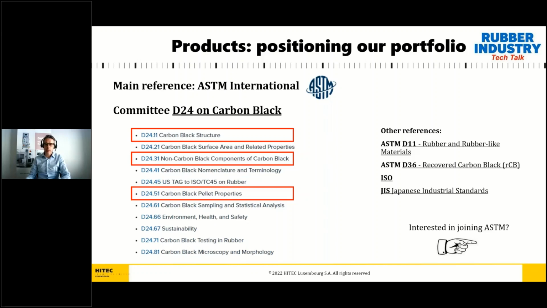Recovered carbon black, or RCB, is a product recovered via thermal decomposition from rubber goods which contain carbon black, basically from end-of-life tires, but not only, and can be used in certain selected applications as a substitute of virgin carbon black. Some of our equipment are used for the characterization of RCB as well.